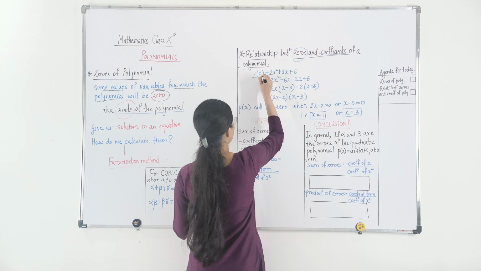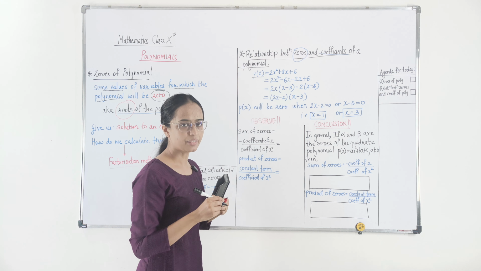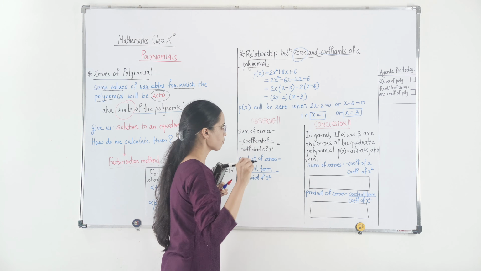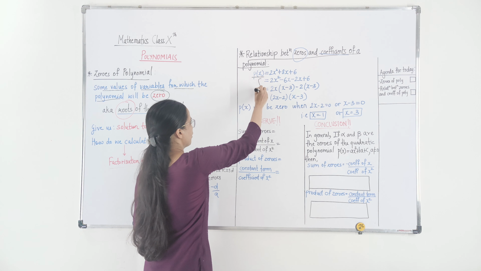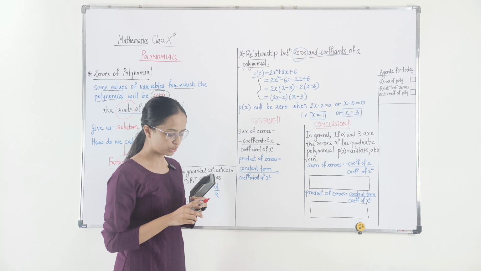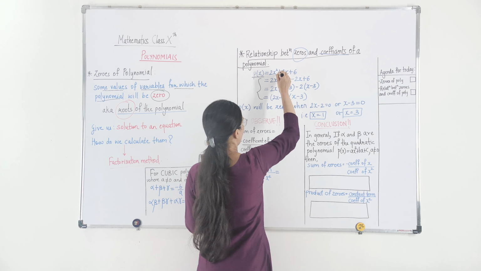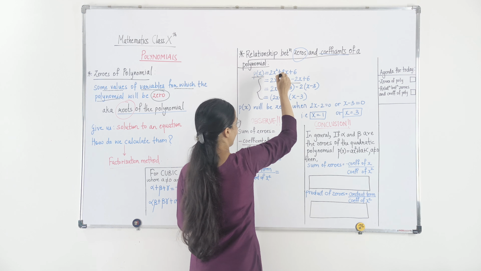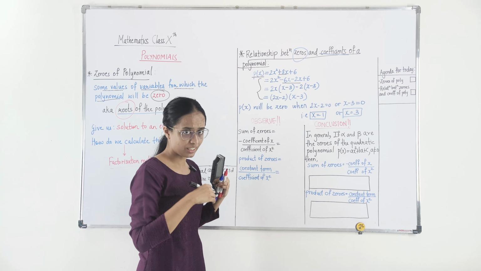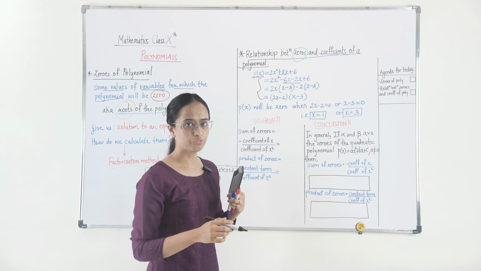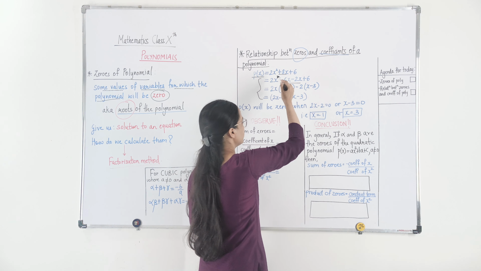So there is a polynomial that I have taken and the polynomial is 2x square plus 8x plus 6. Now here if you see, I have used the factorization method wherein I have split the middle term as -6x and -2x, because 6 and 2 are the factors of the number 12, which is 6 into 2.